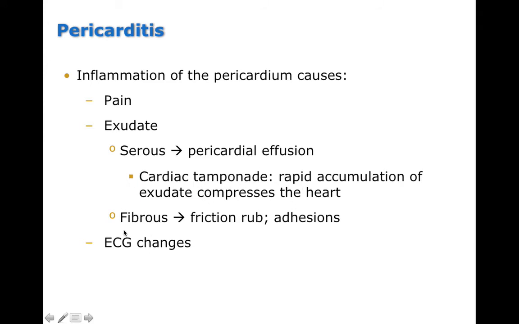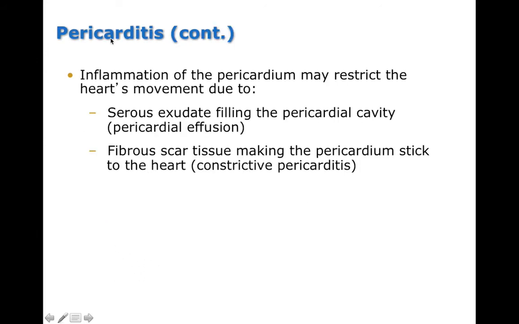Now, if it's a fibrous exudate, this can actually lead to fibrinogen that can lead to adhesions that cause friction rubs, and this can also be painful. Now, sometimes you can actually identify pericarditis, and the associated electrical changes can show up on ECGs. So inflammation of the pericardium can restrict the heart's movement.